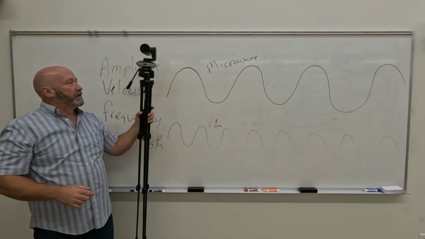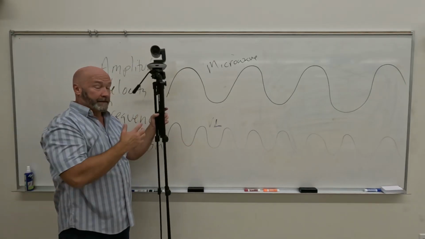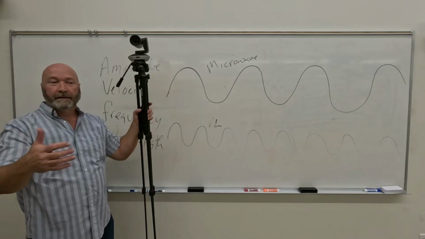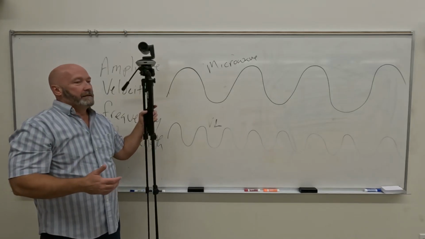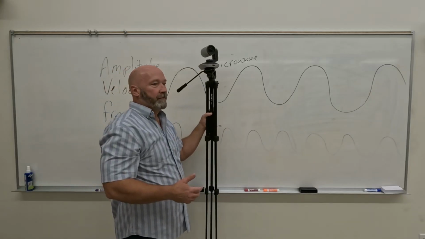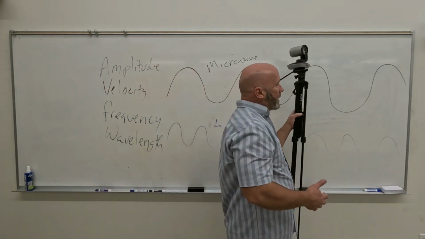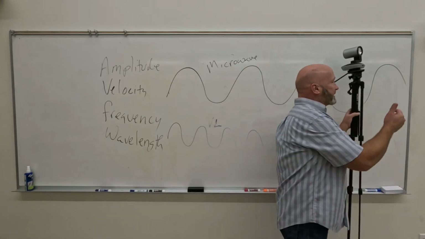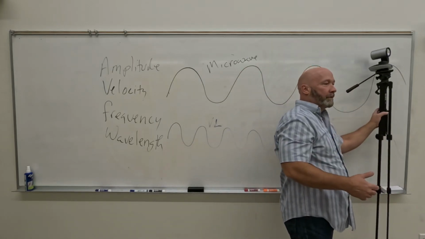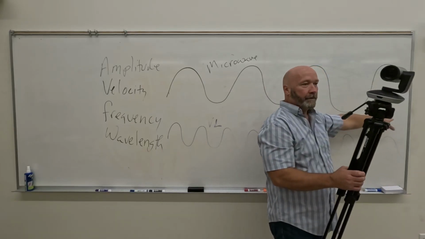Okay? So I've got a longer wavelength, I've got a shorter wavelength, and I start pushing, because we're traveling all at the same speed, that being the speed of light, they're both going to travel at the same speed, right? But what's the difference aside from the wavelength? Which one has more waves that are jumping off the board?